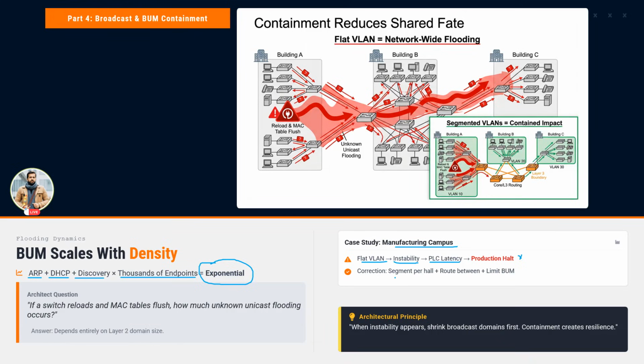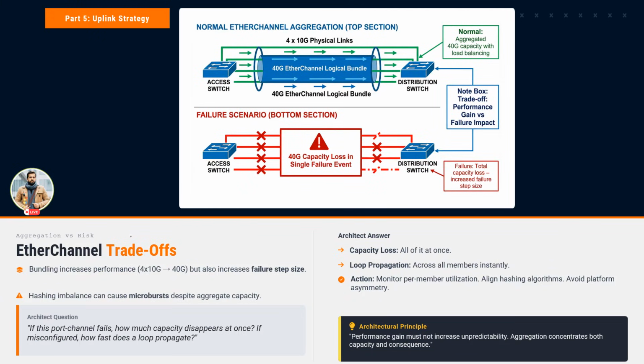The shared fate domain was just too large. How would you fix that? Segment VLANs per production hall, route between the halls, limit propagation. Here's the principle. When instability appears, shrink broadcast domains first. Containment creates resilience.